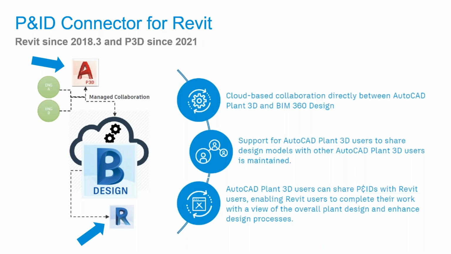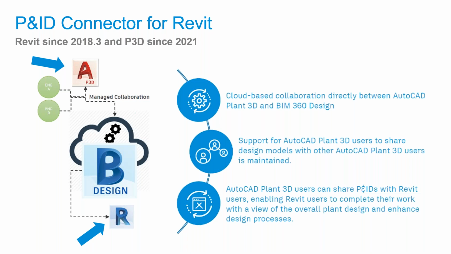so another thing is the PNID connector, or the PNID modeler as it appears as a feature in Revit. So this is also using BIM 360 Design since 2021 for PNID, and it was there in Revit in 2018. And the main purpose of that is to be able to reuse PNID work in a Revit project.